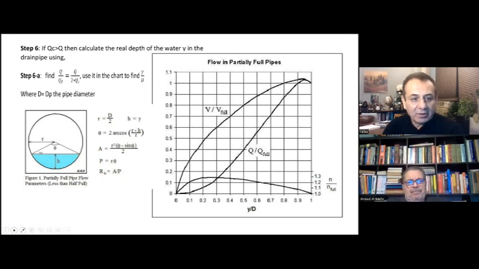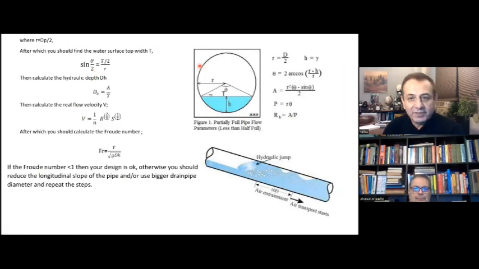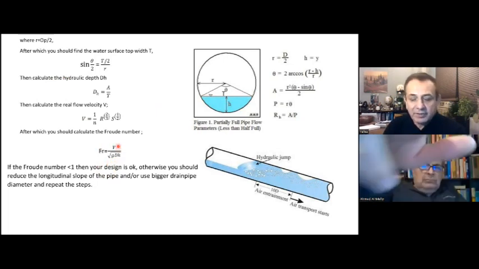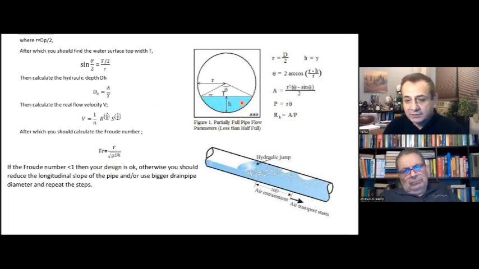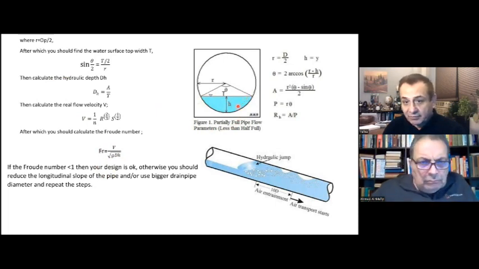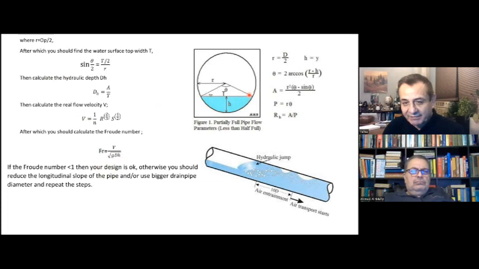Now, also from this equation, I can find T, the top width. I can explain why we are finding all those variables. Why are you interested in T? Because the Froude number, which should be checked, is based on V, the velocity of flow, on the partial flow, when we have a depth less than half the depth of the pipe.